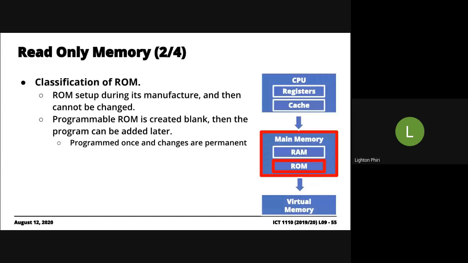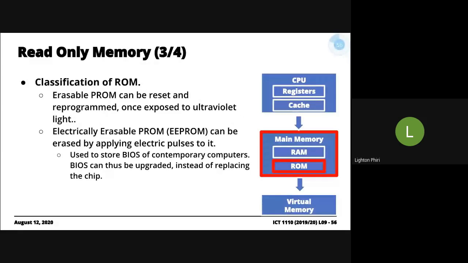So you have so-called programmable ROM, right? And erasable programmable ROM, which allows you to reprogram the memory component. So it's possible for you to change the program instructions, right?